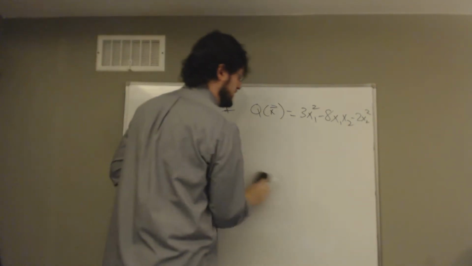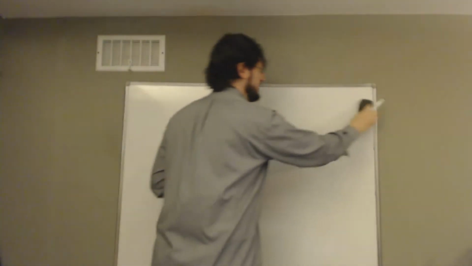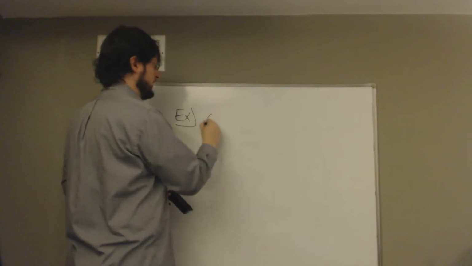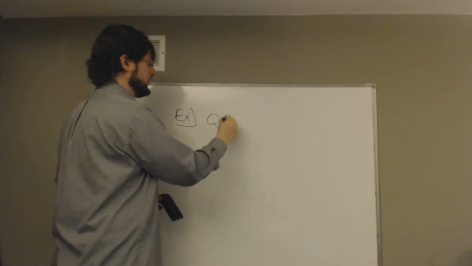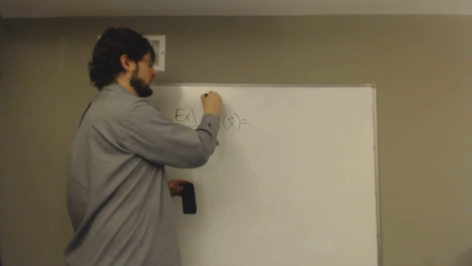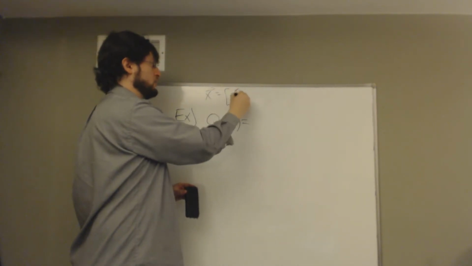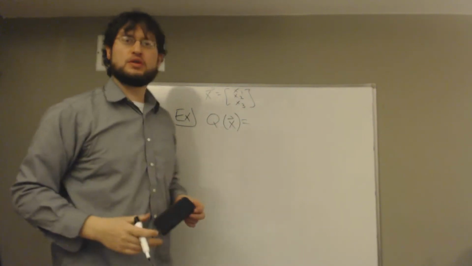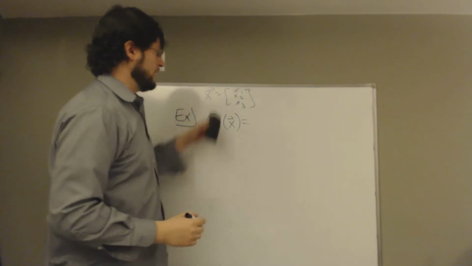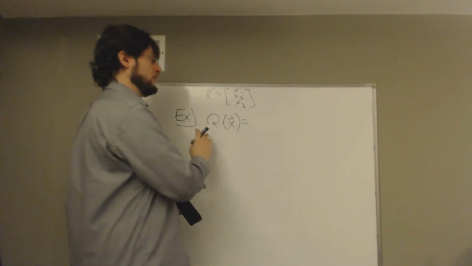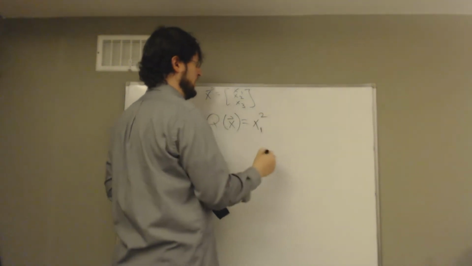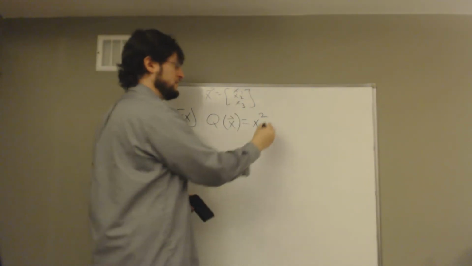Now, it doesn't have to just be a 2 by 2 matrix. What if I had a quadratic form that had 3 variables in it? All right, suppose that if x were x1, x2, x3, so we're looking at R3 instead of just R2. Now, a form of this form might take something that looks more like this. X1 squared. I'll have a squared term for each of these things.